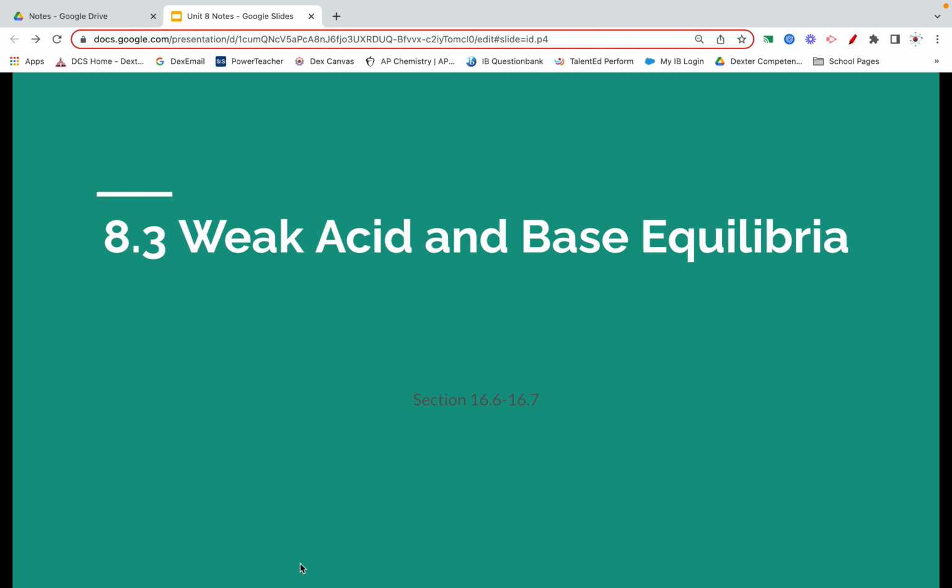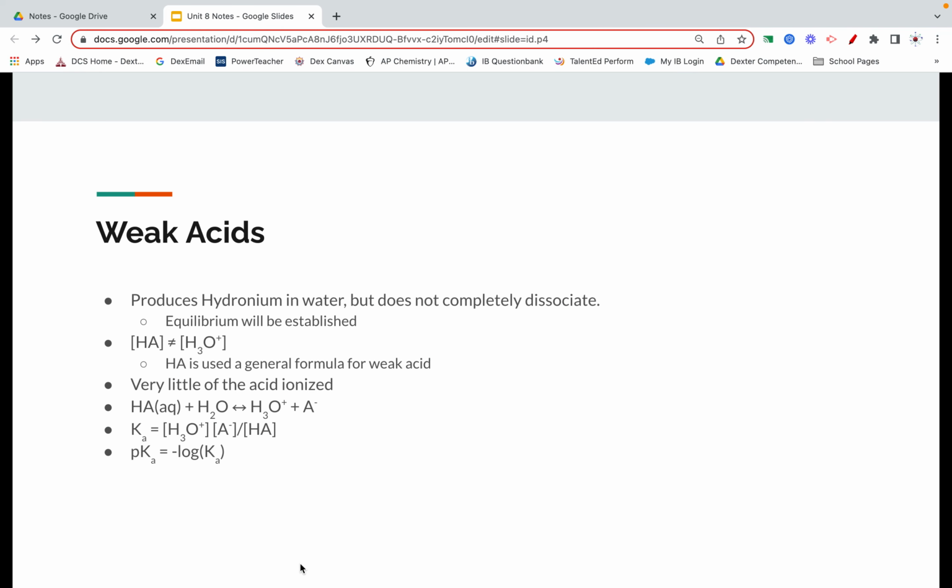Now, weak acids and bases at equilibrium. We're going to think back to Unit 7 and the equilibrium expressions that we used there and apply them to acids and bases. So a weak acid is considered weak because it doesn't completely dissociate, unlike a strong acid. So we have an equilibrium being established. Our concentration of our initial HA acid is not going to be equal to our hydronium concentration.